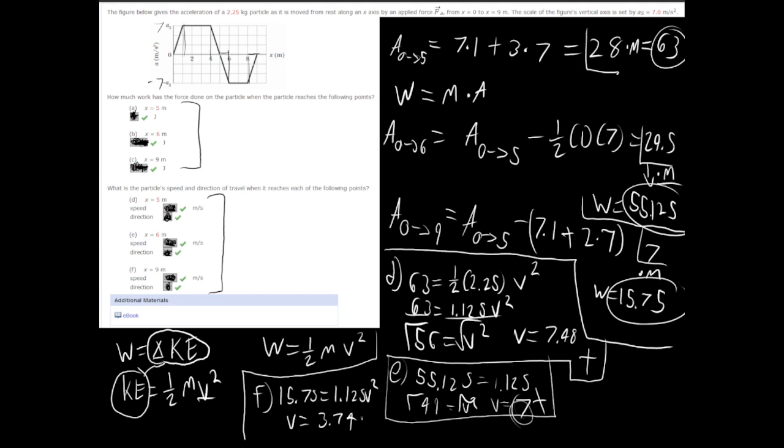And of course, these are all meters per second. Okay. And these are all joules. There. So now that's everything answered. The direction of this is also positive. Okay, there's the answer for that.